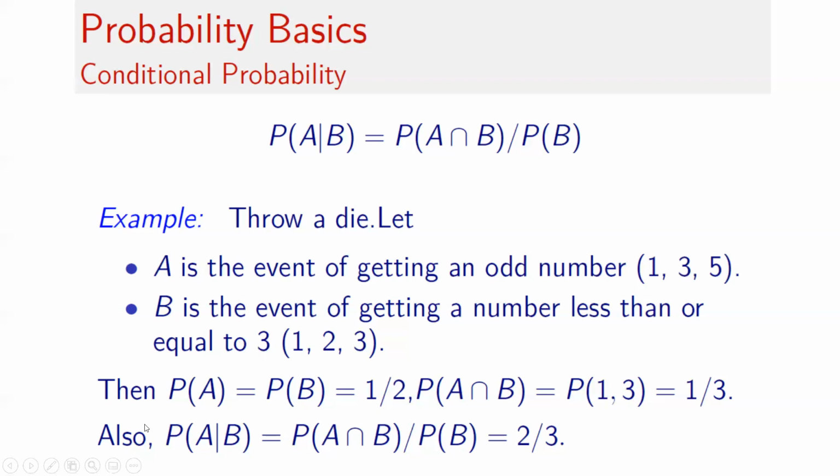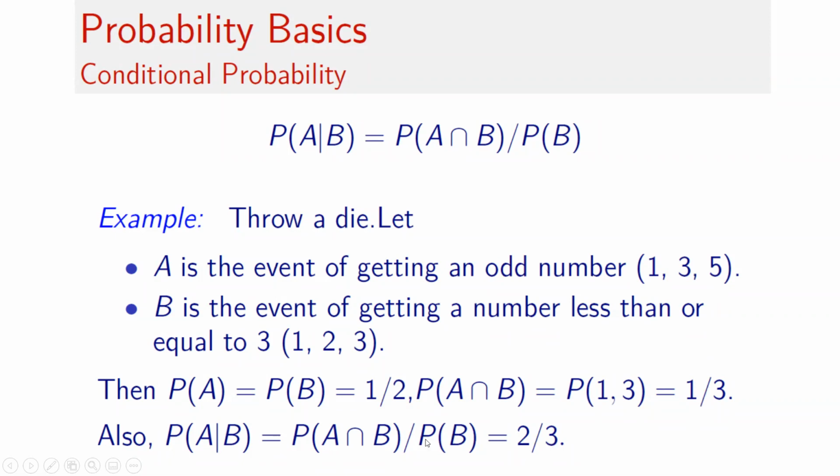Remember the formula from the last slide. We can say that the probability of A given B is equal to the probability of the intersection of both, which is 1/3, divided by the probability of B, which is 1/2.